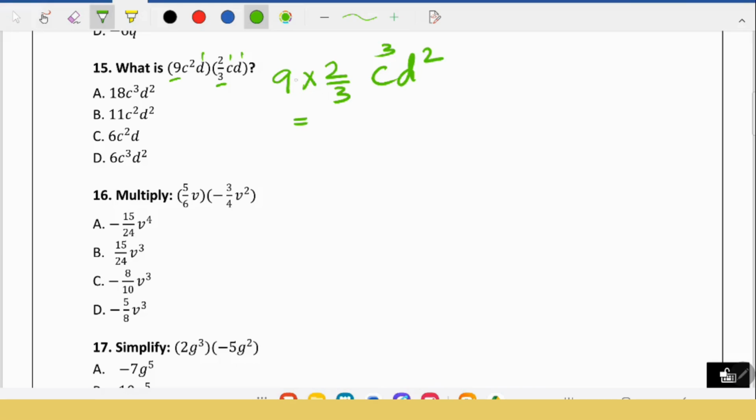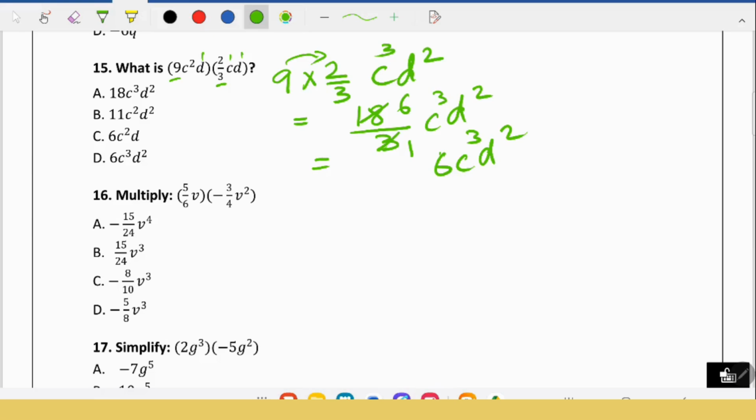I will simplify. 9 times 2, multiply the numerators, which is 18 over 3c cube d square. I can simplify this, 3 1 3 6. So 6c cube d square, which is option number D. This is the answer.